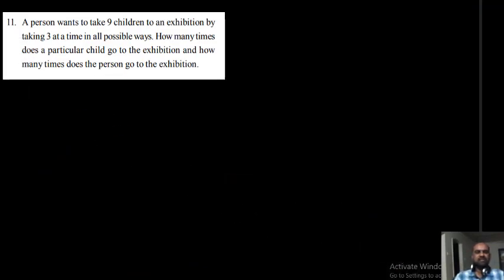Yeah, students, our next problem. A person wants to take 9 children to an exhibition, taking 3 at a time in all possible ways. How many times does a particular child go to the exhibition, and how many times does the person go to the exhibition? Students, listen.